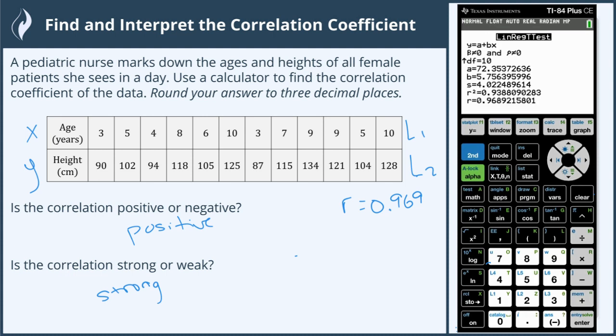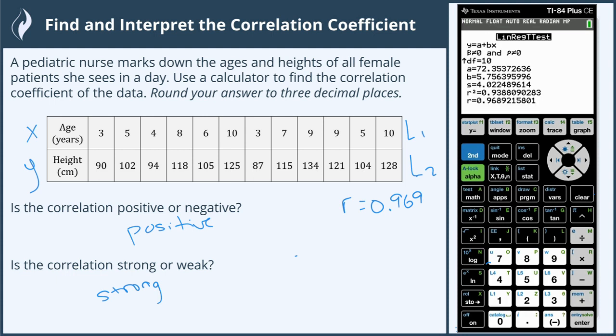The reason that I say that is because the closer my correlation coefficient is to +1, the stronger the correlation. And this is just linear correlation, okay? The correlation coefficient R is only a linear correlation coefficient, so it's only measuring the strength of the linear correlation.